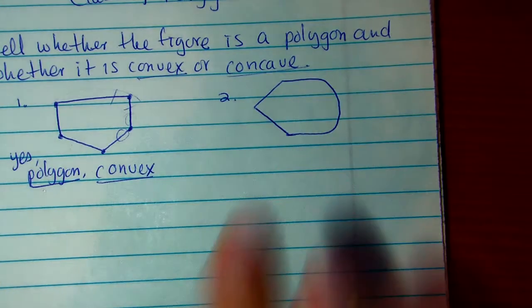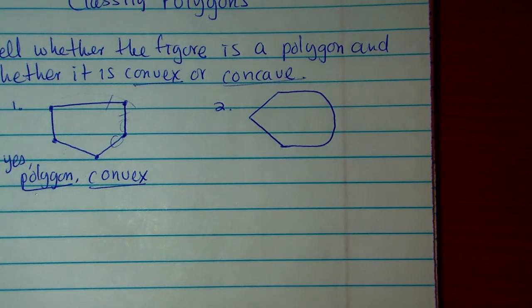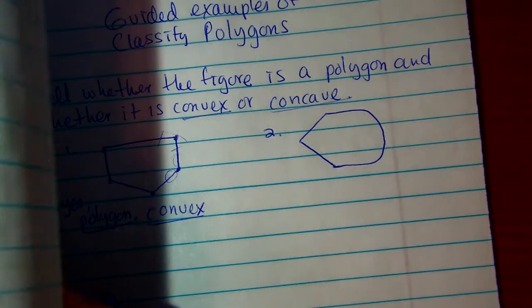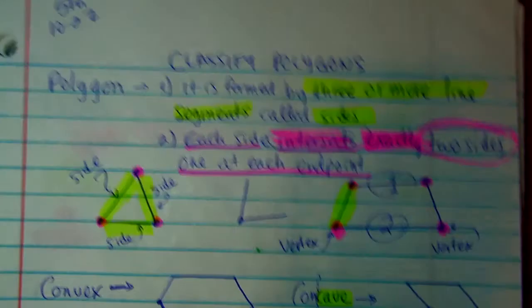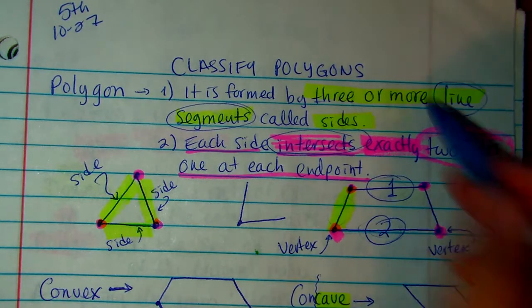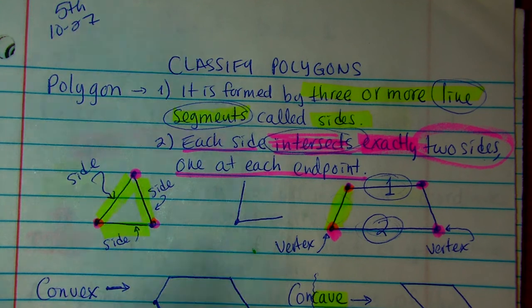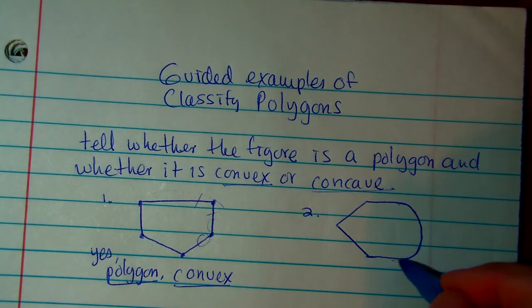This one, number two, what do you think? Would this be a polygon? If we go back to our notes, what is the definition of a polygon? Let me go to the characteristics. For the polygon, we said that it is formed by three or more line segments. So based on this definition alone, this right here is not a segment.